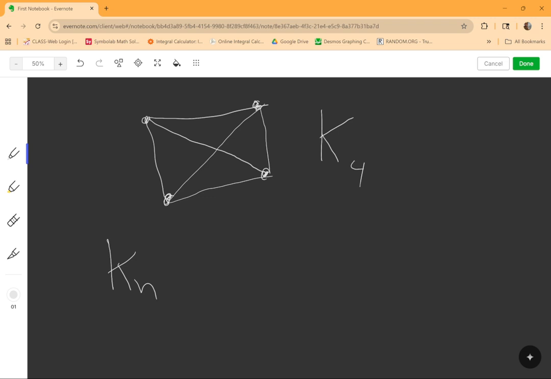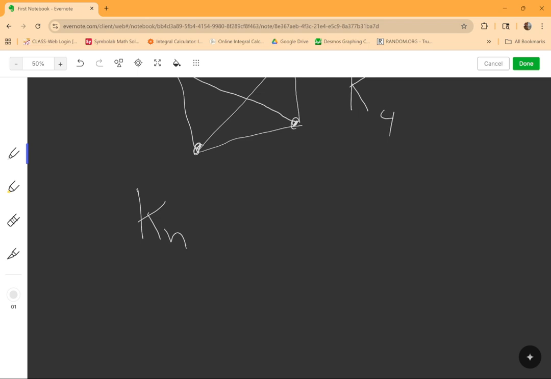Okay? Now you might want to ask ourselves, well, what would the degree be for each of these vertices? So the degree would be, if there are n vertices, well, I need an edge that connects to the other vertices, right?